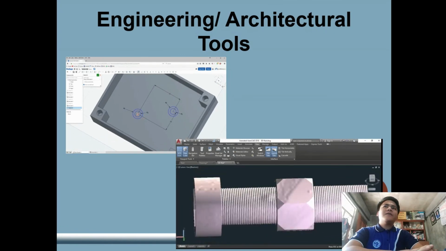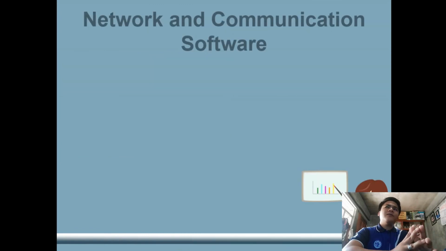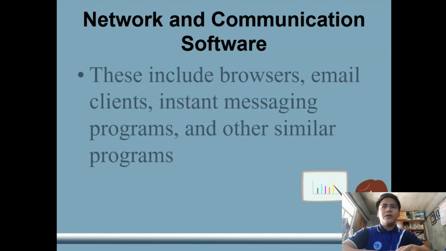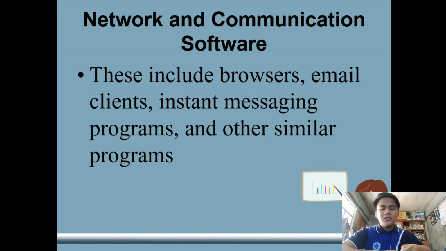And next, we have also network and communication software. Network and communication software is very important nowadays because this is what we are going to use in order for us teachers and for you also to communicate with each other. Examples of communication software include instant messaging or text message, browsers, and emails.